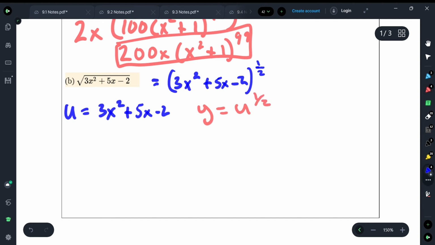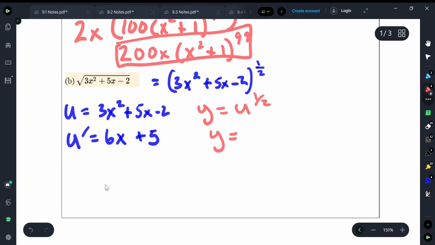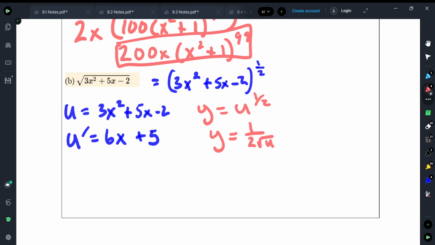So our derivative of u is going to be 6x, right? That power is coming down, plus 5. Okay, the derivative of the outside function is 1/2 u to the negative 1/2. Remember, because that half comes down, 1/2 minus 1 is negative 1/2, so it goes down like this.